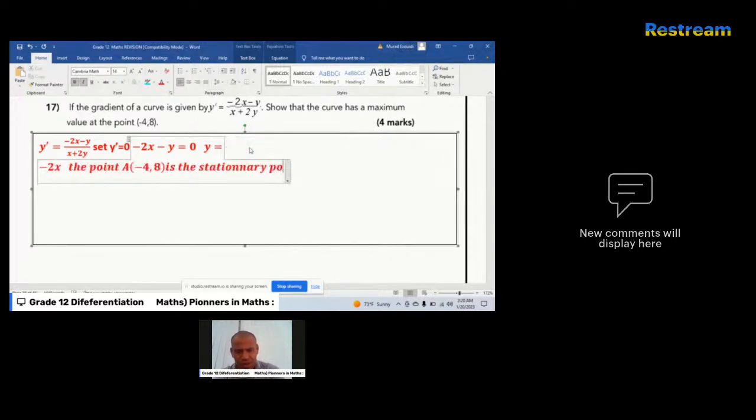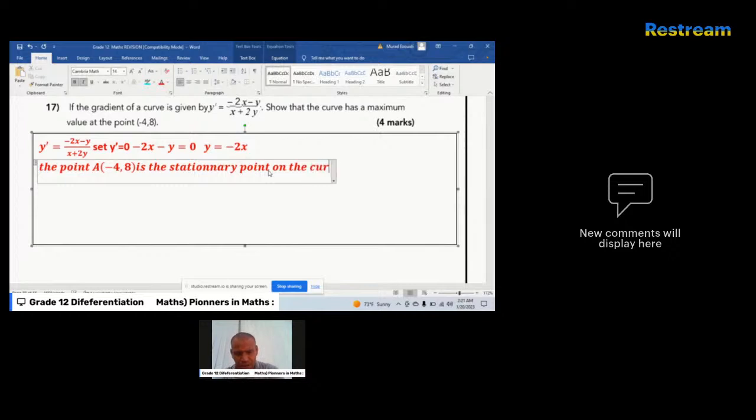It can be a maximum and it can be a minimum. It's called the critical point. Therefore, learners, we need to figure this out. I will write it down. Therefore, the point is the stationary point on the curve.